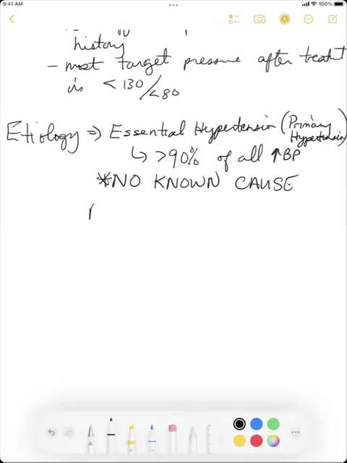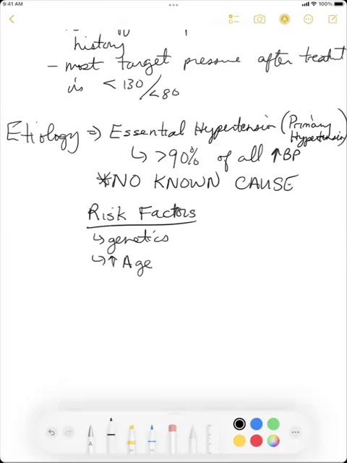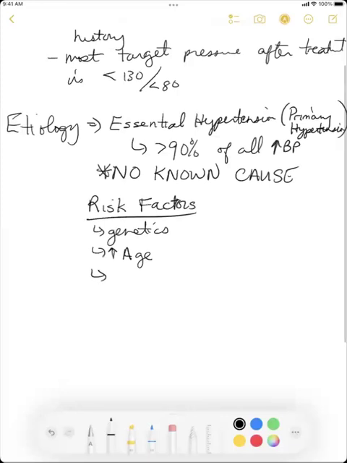The risk factors: genetics. A family history of high blood pressure might predispose someone to a higher chance of developing it. The older you are, the more likely you are to get high blood pressure, so higher age. Gender differences do exist. Men are more likely than women to get high blood pressure.